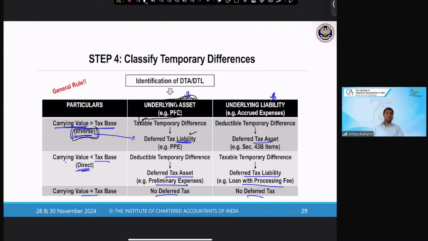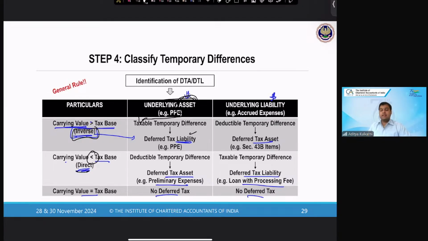Are you able to follow? Yes, sir. Or if the carrying amount is less than the tax base, direct relationship. Carrying value less than the tax base is a deductible temporary difference, giving rise to a DTA. So carrying value less than the tax base, straight.